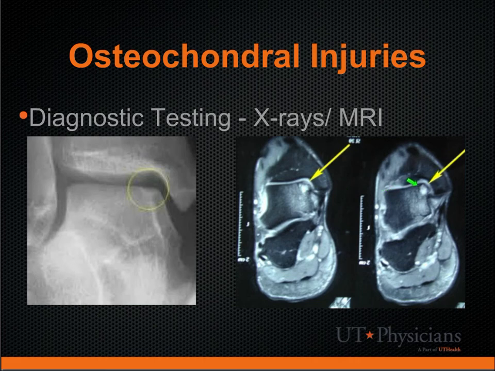And actually, in this case, it appears intact in this plane, but you can see some loss of that nice cartilage surface in this one, which may indicate that there's some fibrillation and actually a tear within that cartilage cap.